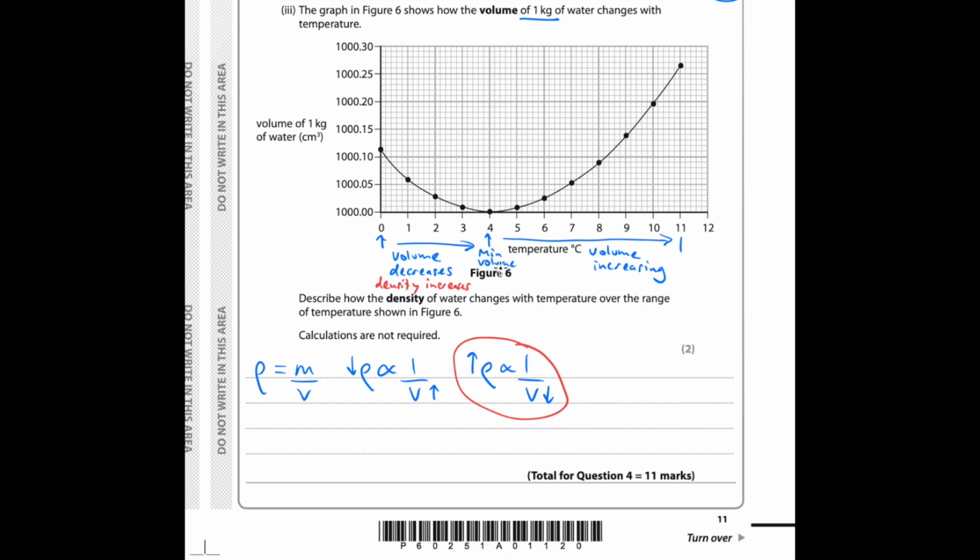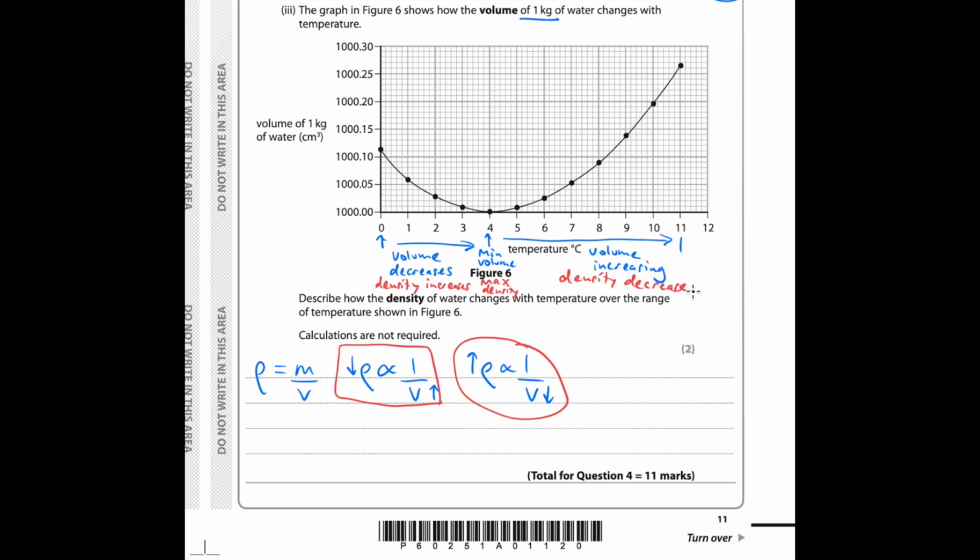When you've got the minimum volume, that means you're going to have the maximum density at 4 degrees. And then if the volume increases, that means that the density is decreasing. So between 4 degrees C and 11 degrees C, the density is going to decrease.